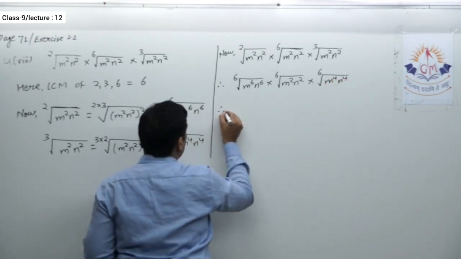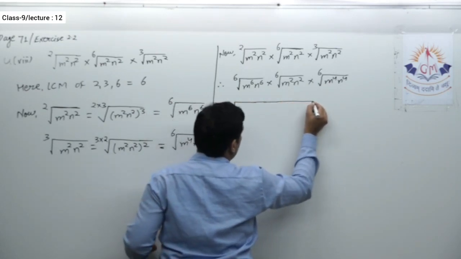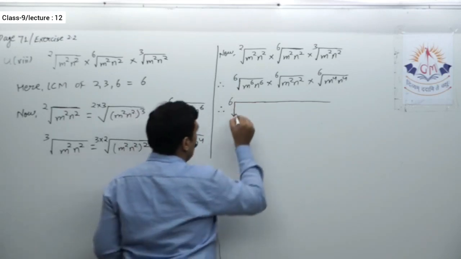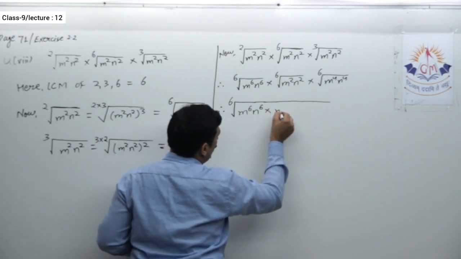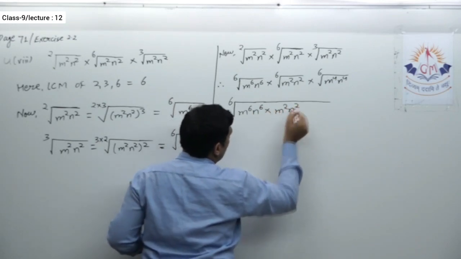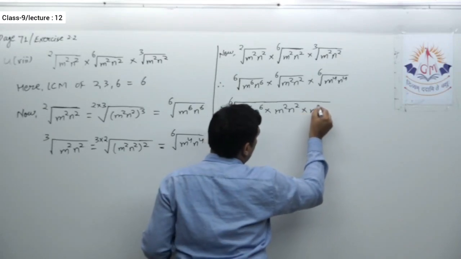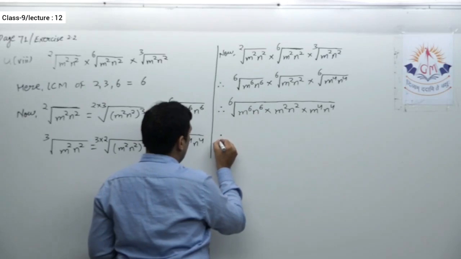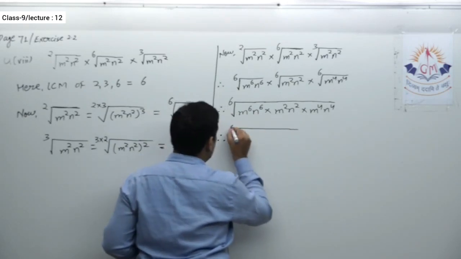Now all these three surds have the same order, so I can write them in the single radical sign, that is m raised to 6 n raised to 6 multiplied by m square n square, then again multiplied by m raised to 4 n raised to 4. Now this is 6.